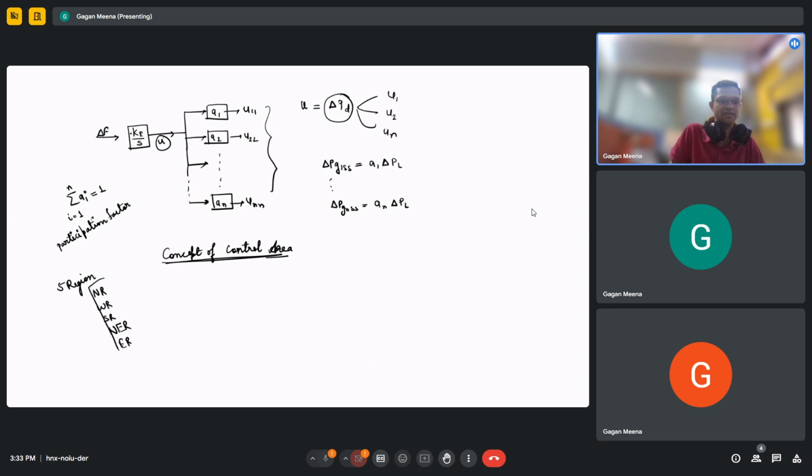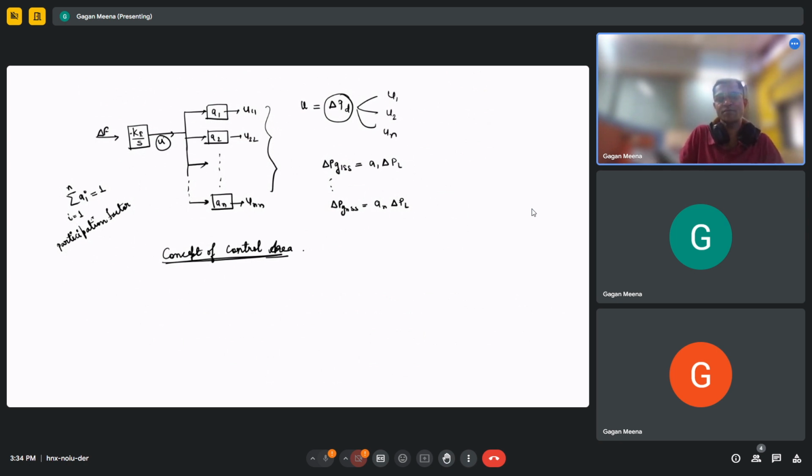So we can say these are five areas. The entire India is divided into five areas, and we have tie lines connecting each of these regions to each other, and that's how we have one synchronous grid. Simultaneously, each control area of a power system should participate in regulating the frequency, and these areas are connected together by the tie line.